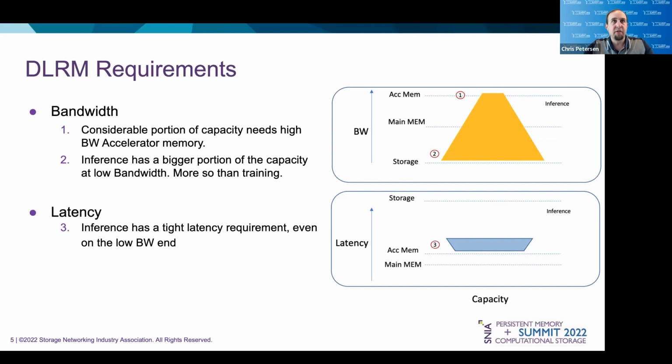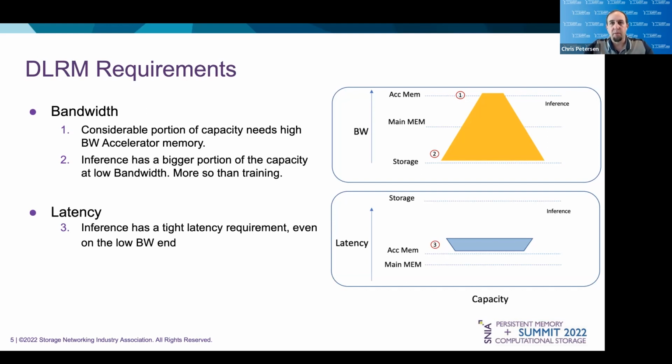Let's unpack this even further and look at the memory requirements more closely. The two charts here show the bandwidth and the latency requirements. The x-axis is the memory capacity, and the y-axis is the bandwidth and the latency for top and bottom charts, respectively.